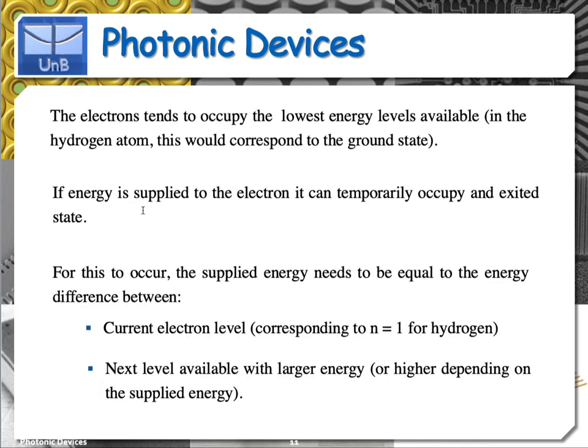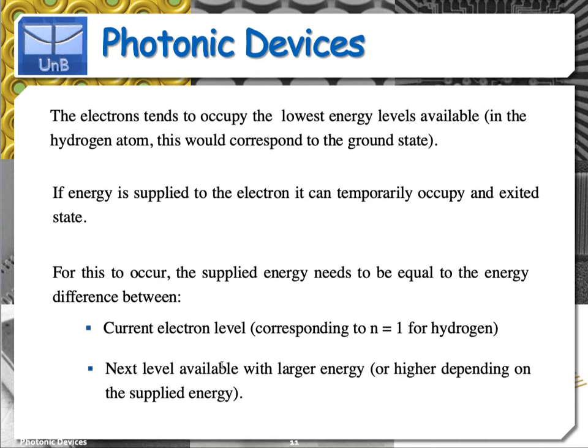If you supply energy to a given electron, it could temporarily occupy an excited state. For this to occur, the energy that you supply to the electron cannot be any energy value. The energy needs to be equal to the energy difference between the current electron level and the next level available with a larger energy. For the hydrogen atom, which only has one electron, this would correspond to n equal 1.